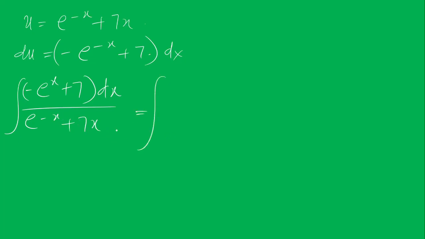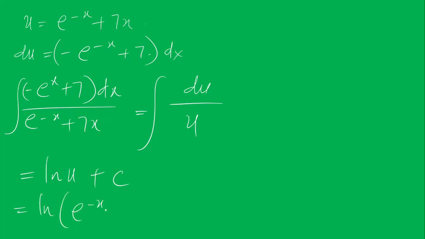This will now be equal to du all over u, which is equal to natural log of u plus c, which is equal to natural log of (e to power minus x plus 7x) plus c.